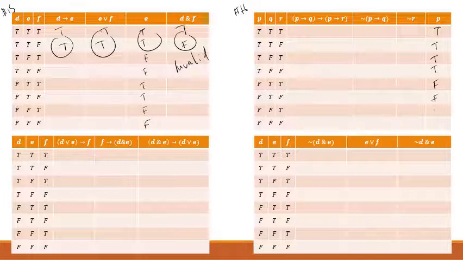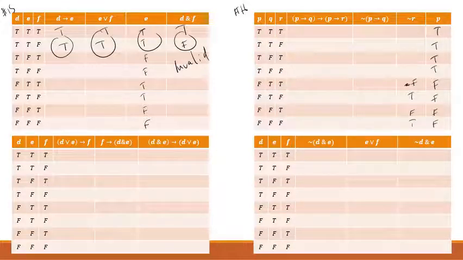So we're just looking at the bottom half now. So 5 through 8. The third premise is just not R, so that's going to narrow things down even more. So true, false becomes false, true, false, true. So we're left with just these 2.